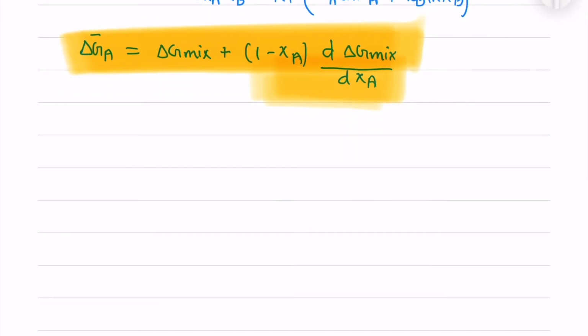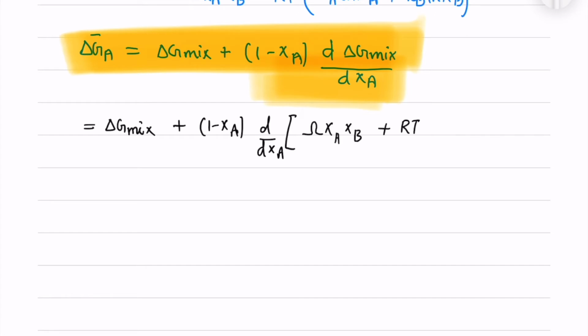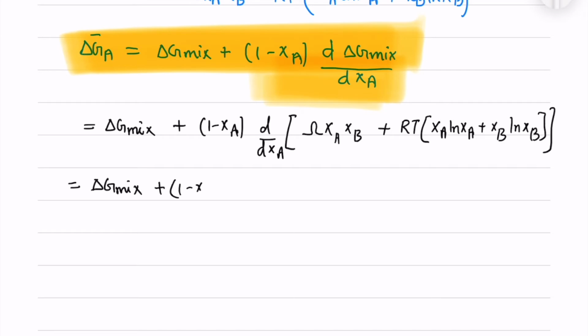So I'll find the component's partial molar property. I'll put delta G mix here and differentiate with respect to one component. When I differentiate omega xa xb, I get 1 minus 2xa.